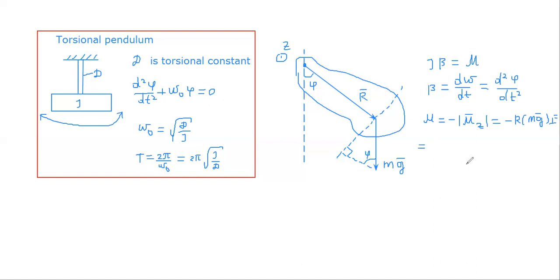This will be mg perpendicular. And according to this, we have that this is minus mg r sine phi. Okay, do you have any questions about this?